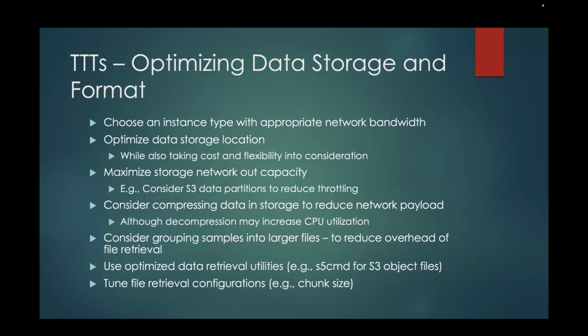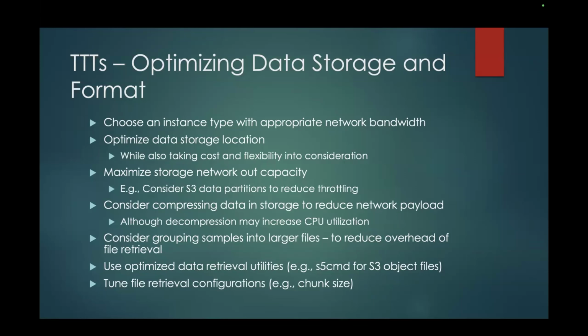Though if you do that, you need to take into account that the decompression on the CPU might increase the CPU utilization. There are all kinds of considerations that have to do with what the optimal file sizes should be, and how you want to group your samples into larger files to reduce the overhead of file retrieval. You should also aim to use optimized data retrieval utilities.